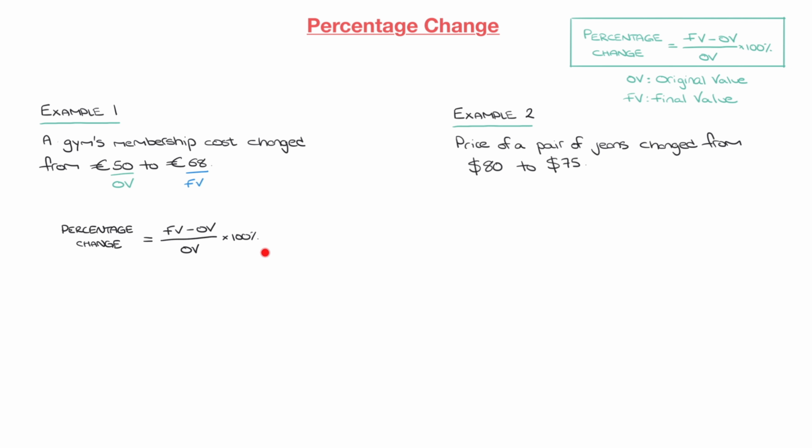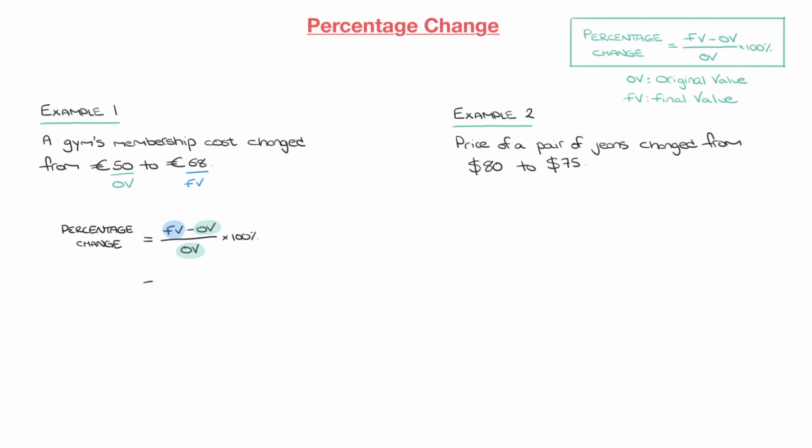I find having the formula right here in my working useful. Quickly comparing this to the note I made of the original value and the final value, or future value, we can quickly see that we'll be replacing FV here by 68, and the two OVs we have here by 50.